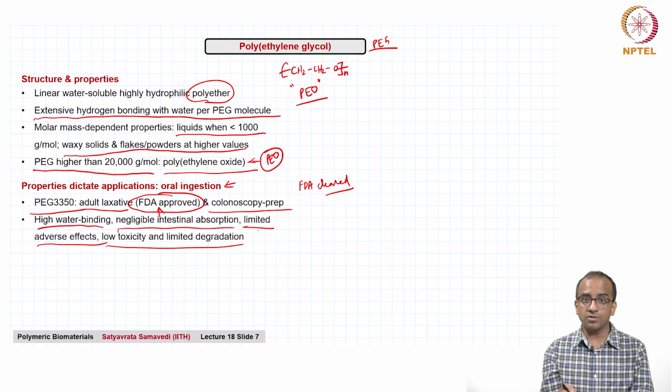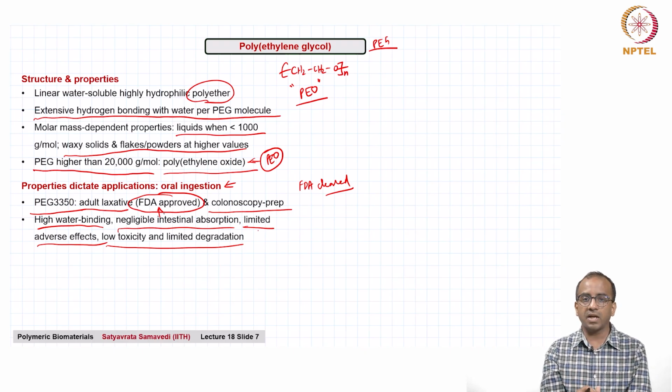The more correct way to say it is, FDA approval has been received for PEG 3350 for use as adult laxatives with those specifications. So, that is what FDA approved actually means. Instead of saying that a material intrinsically or per se is FDA approved, it is more correct to say it is FDA approved in the context of a specific application.